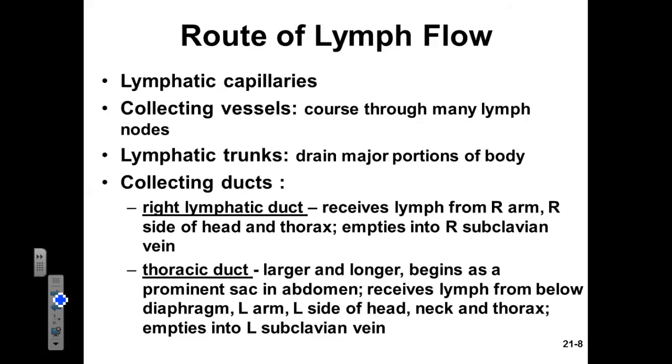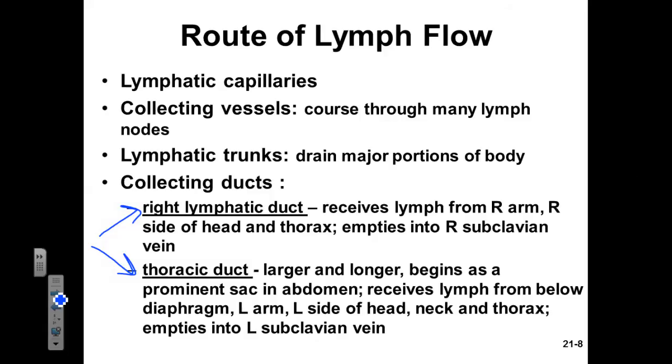But to get it back into the bloodstream, we're going to have some connections between the lymphatic system and the bloodstream. There needs to be a point of entry. The 2 points of entry that I want to emphasize to you are the right lymphatic duct and the thoracic duct. These are the 2 spots in our body where lymphatic vessels drain their lymphatic liquid back into the cardiovascular system.